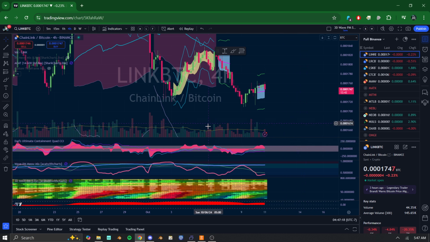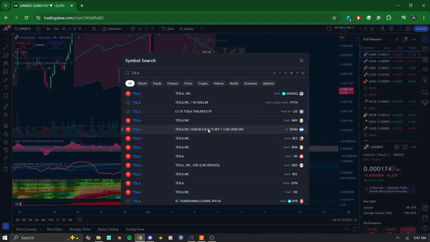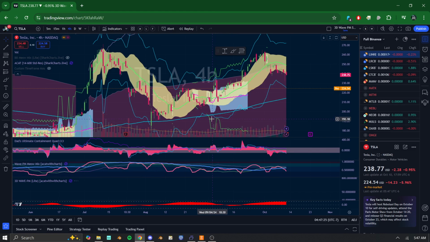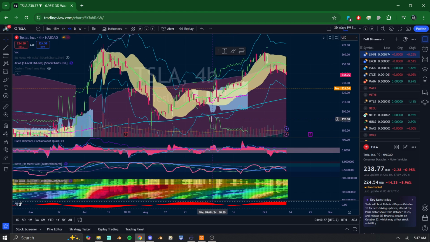Tesla. Ugh. I will say one thing about Tesla. It has probably the highest brand loyalty out of anything in the US right now.